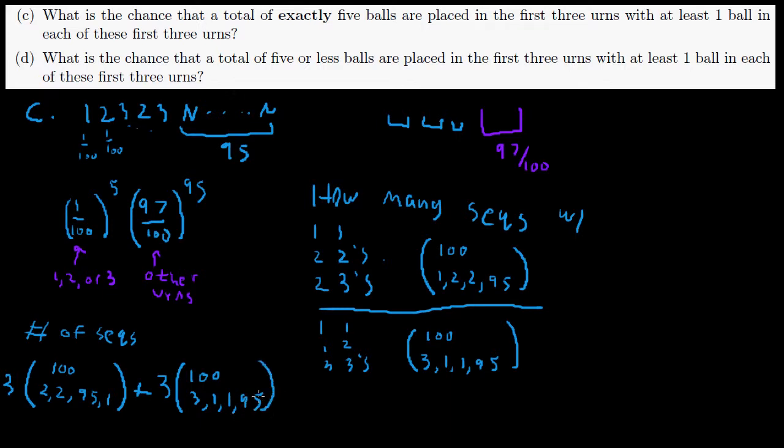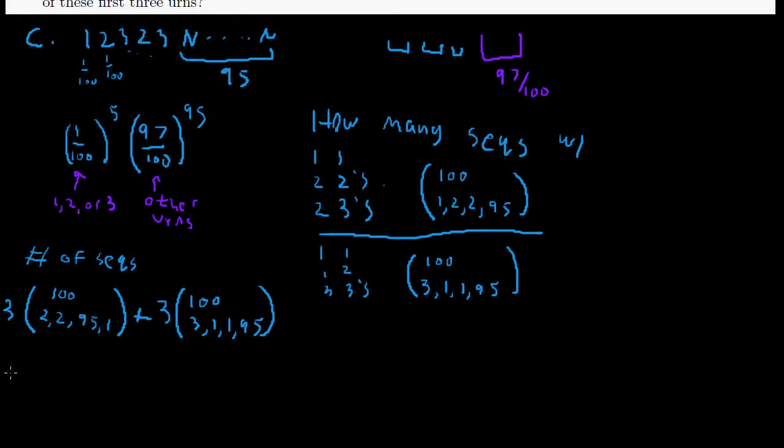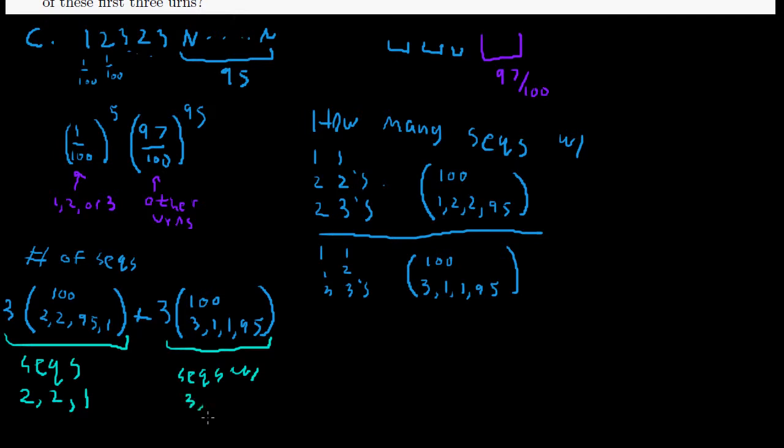So these are sequences where we have 2, 2, and 1, or it doesn't matter what the numbers are, and these are sequences with 3, 1, and 1.